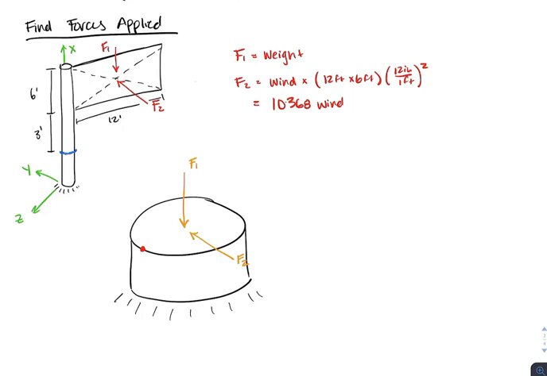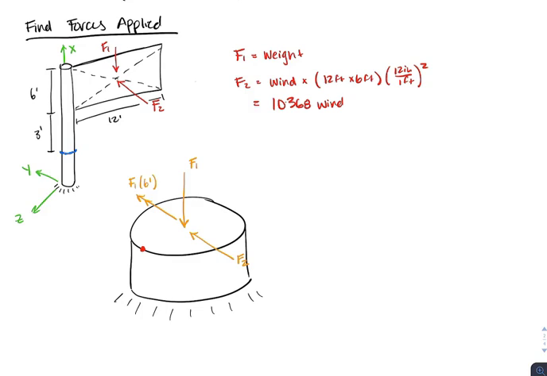So we get a rotation about the y-axis that looks like this, and that's going to be a value of F1 times 6 feet. So that's F1, and once we've moved F1 to the centroid of the pole, we've effectively taken care of it because now it's the axial force acting constant throughout the pole. And so now we can focus on F2.